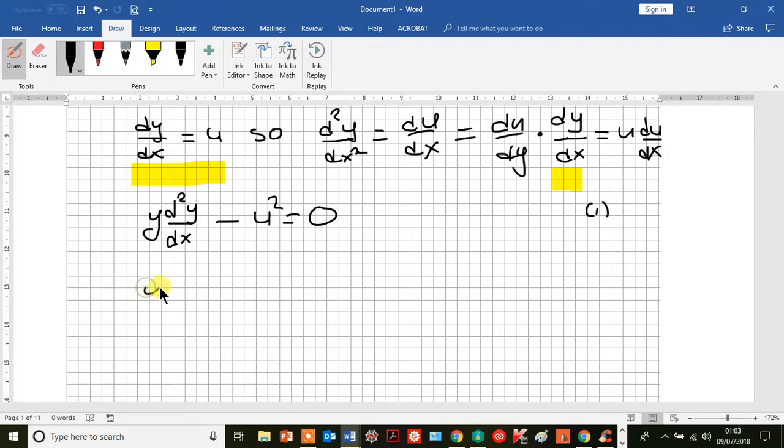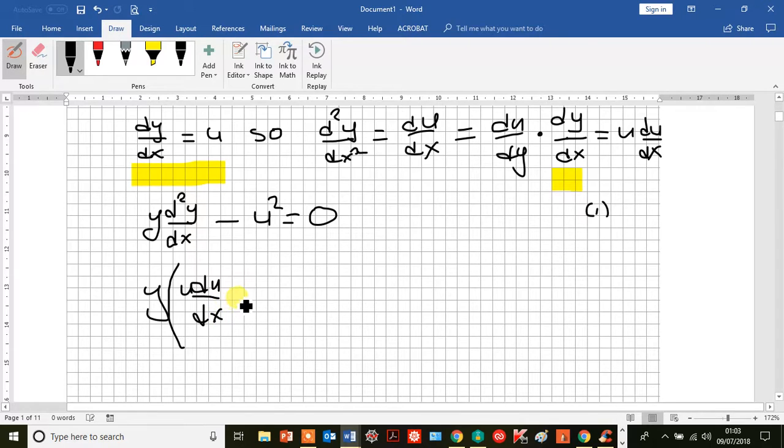So we can just substitute that in. So we get y times u du by dx minus u squared, and that's equal to 0.